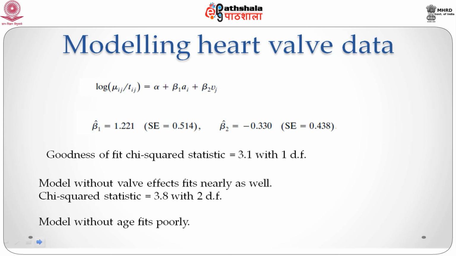We can also obtain the corresponding goodness of fit statistics, which is the chi-square, and we can see that if we drop the valve effect, the model fits nearly as well, and if we drop age, the model no longer fits.